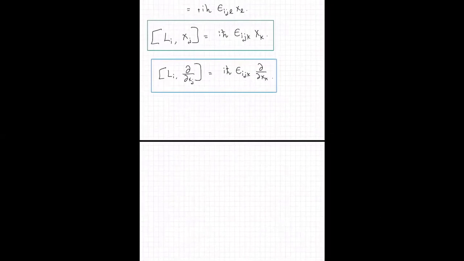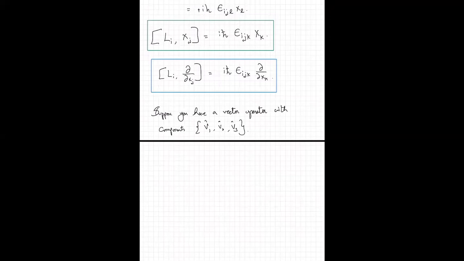Suppose you have a vector operator V, which I will not write in this Cartesian notation, a vector operator with components V1, V2, V3.